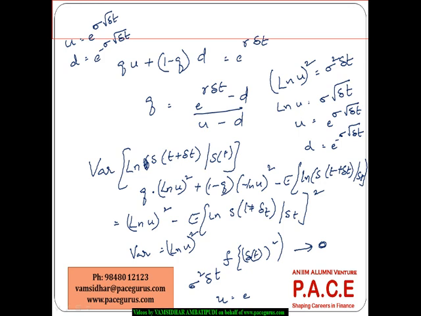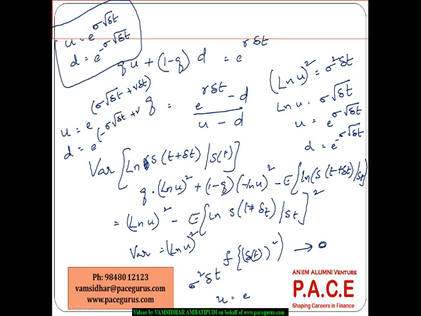This is for a non-dividend paying security. In case there is a continuously payable dividend on this asset, I simply make u as e power sigma root delta t plus v delta t, whatever dividend is being paid, and d becomes e power minus sigma root delta t plus v delta t.